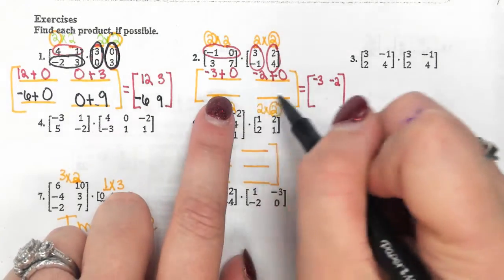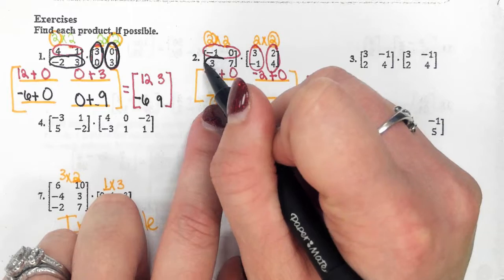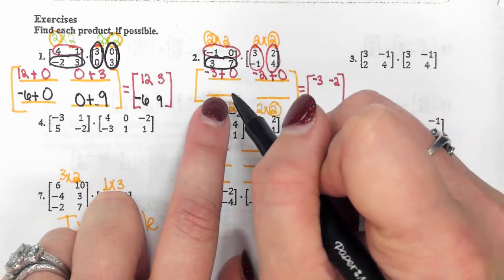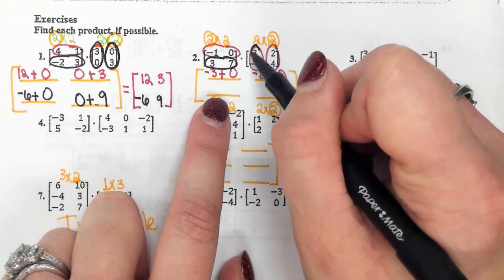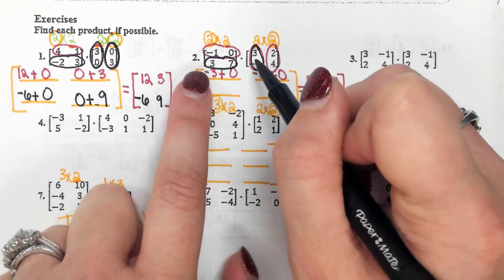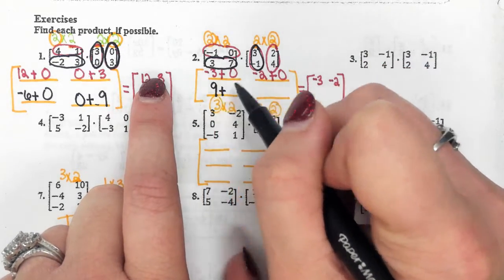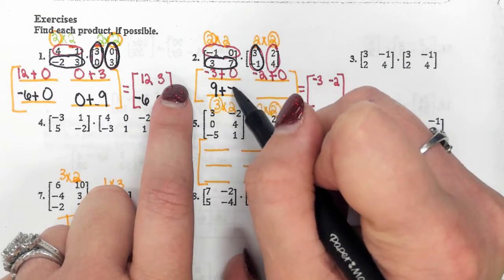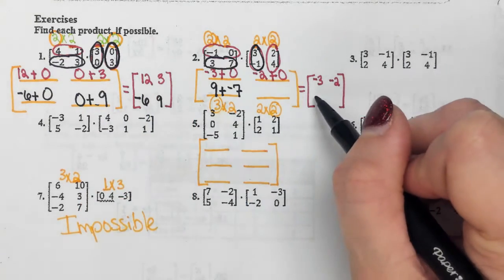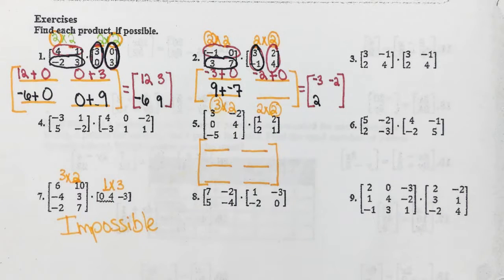All right, now we're going to the bottom row. So now we're going to use the 3 and 7, and the 3 and negative 1. So 3 times 3 is 9, and 7 times negative 1 is negative 7. Add them together, 2. Perfect. Then you do 3 and 7.